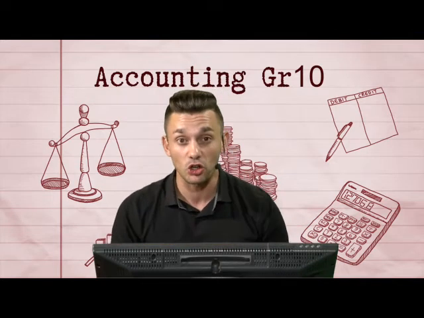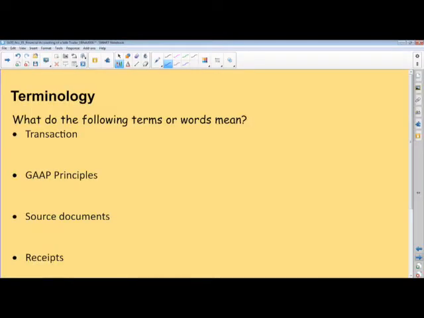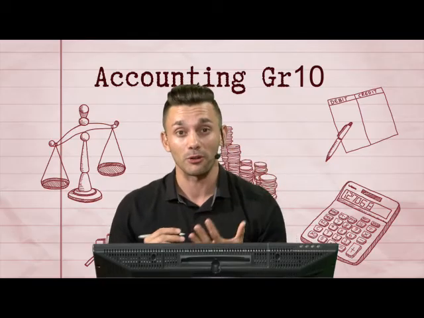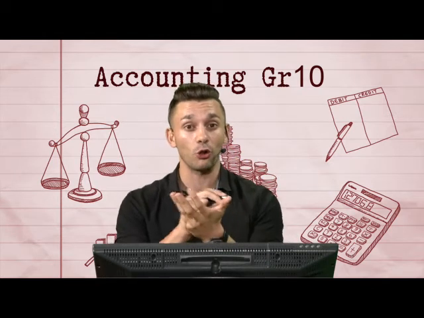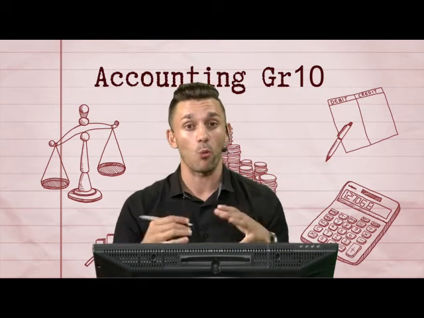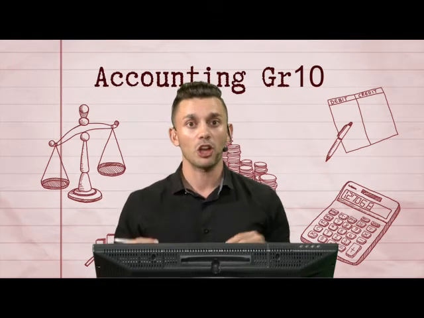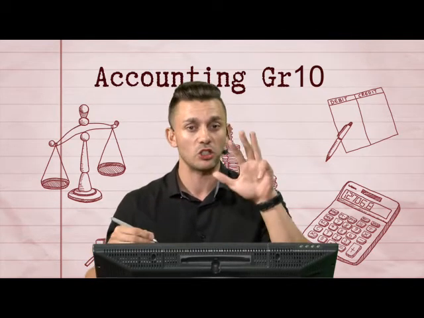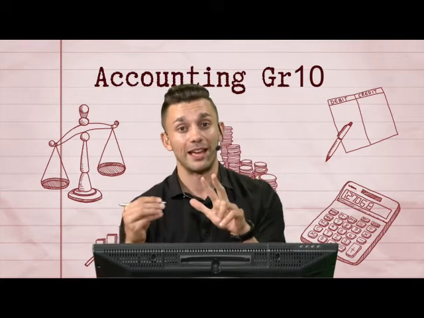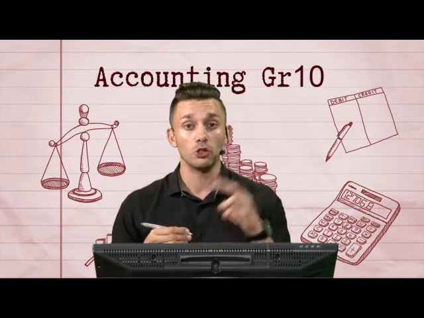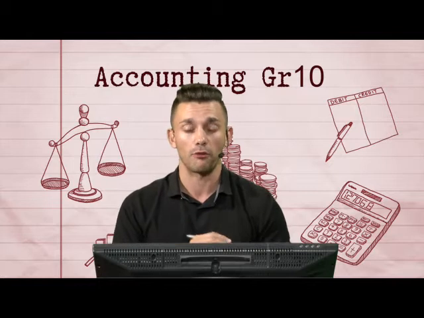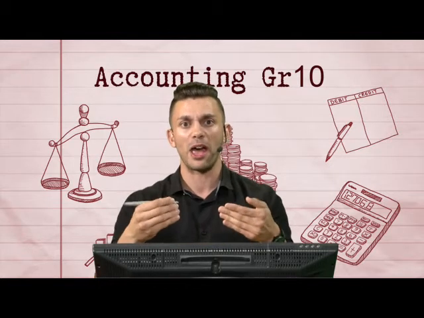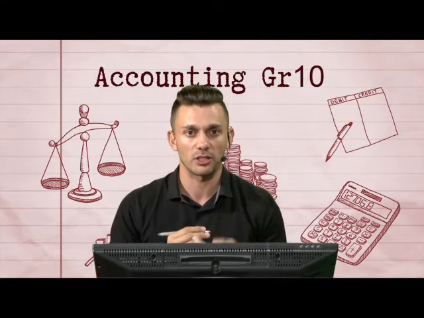Let's go and look at the GAAP principles. What 6 GAAP principles do we have? The very first one will be your historical cost. Now remember, what does historical cost mean? Historical cost means whatever I buy, especially vehicles and equipment, that's your cost price. If I pay 2,000 Rand for a cell phone, what did you pay now? And yes, it will be 2,000.